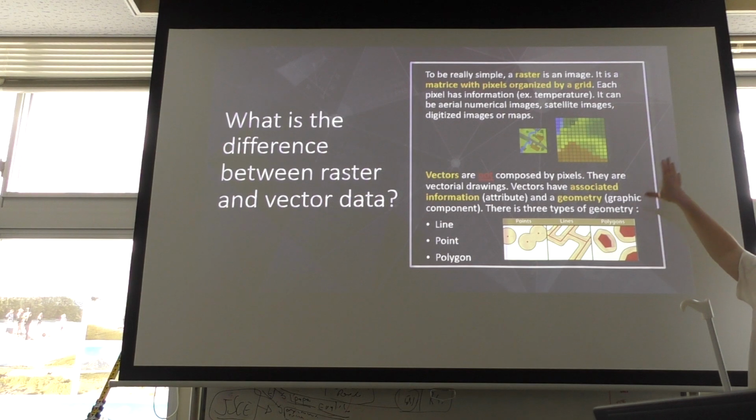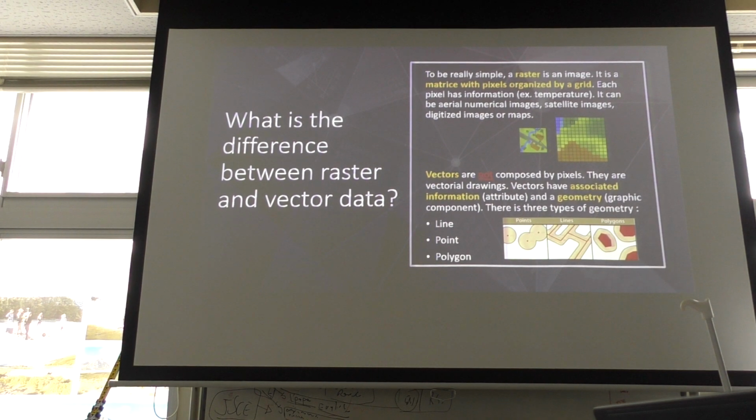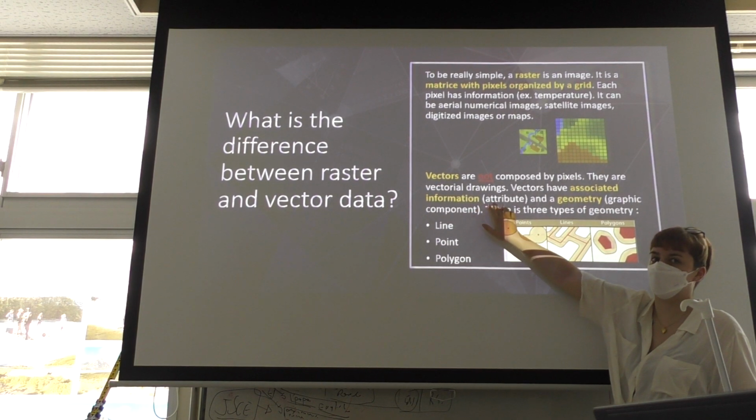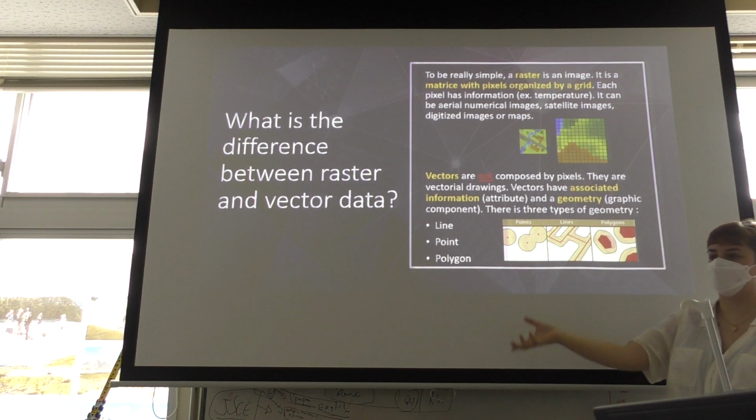The difference is that vectors are not pixels, okay? They are drawings that we do, like vectorial drawings, and you have associated information. Do you understand when I say information, like attributes, and graphic components? Do you understand?